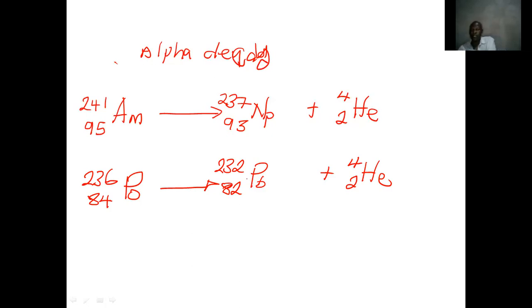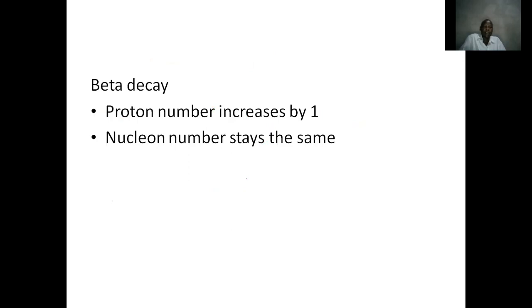So we'll go on to look at the beta decay. For a beta decay with this symbol, it is an electron which is moving with high energy, with the nucleon number 0 and the proton number which is -1.